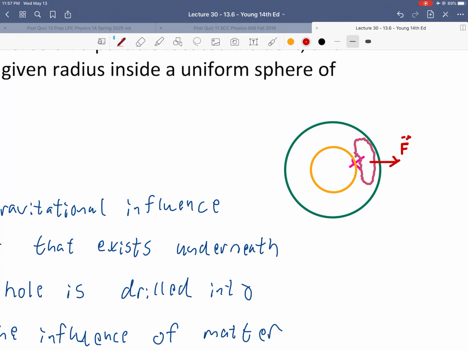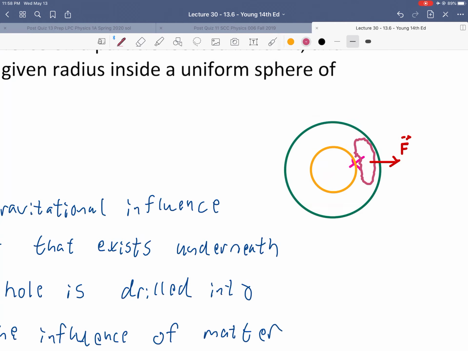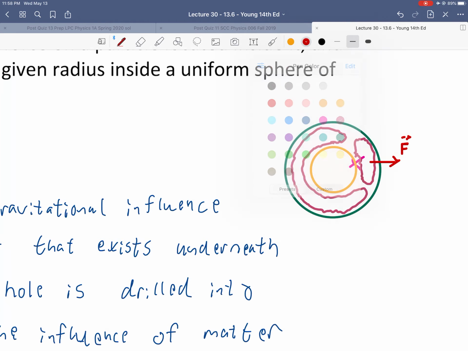But there's also mass that is above in the sense of at a higher depth, right? So not as deep as the hole, that is on the other side and also at angles, and that would look something like this. And this mass in general, you can say, is going to create a net force that goes in the opposite direction to the cloud-shaped net force that I argued for the other section.